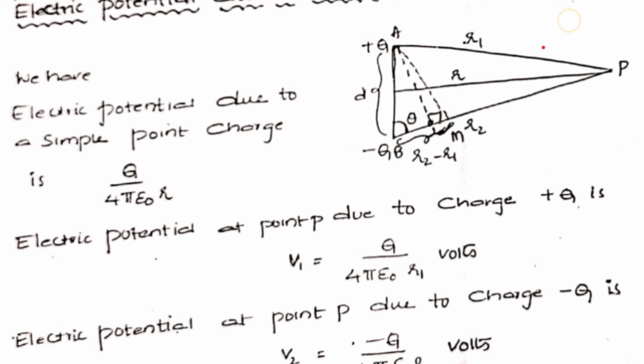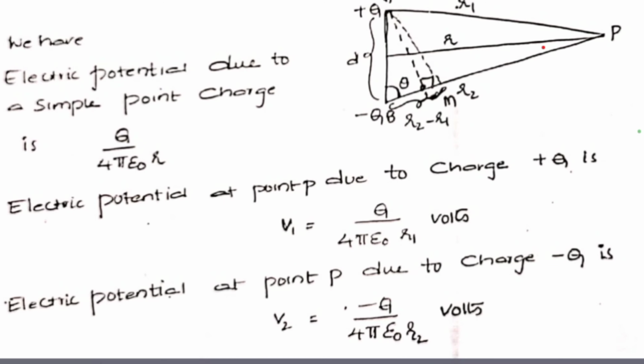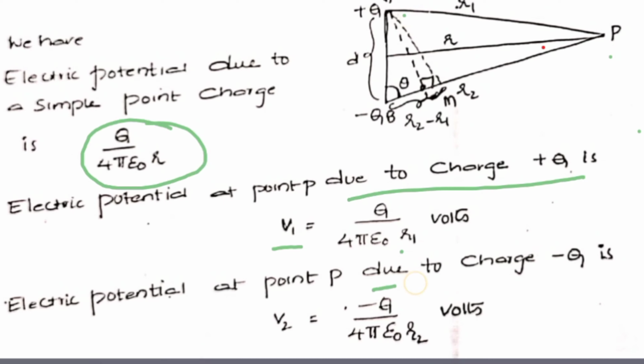The electric potential due to a simple point charge, as you already know, is q by 4 pi epsilon naught r. You already know the potential formula from the start of unit 1. The electric potential at point P due to the charge plus q is V1, which is q by 4 pi epsilon naught r1, where r1 is the distance of the charge plus q to P. The electric potential at point P due to the negative charge is V2, which is minus q by 4 pi epsilon naught r2.